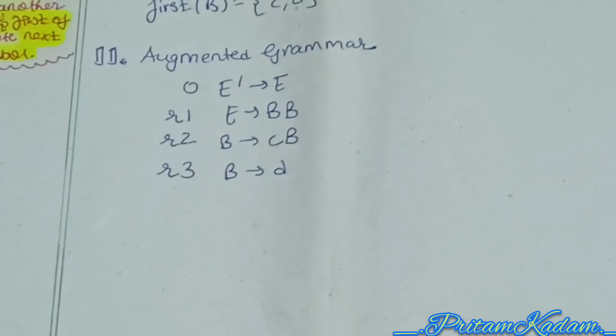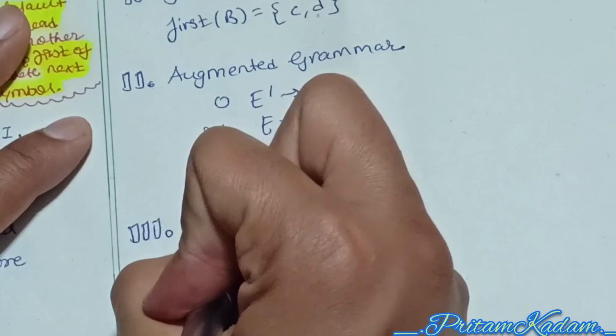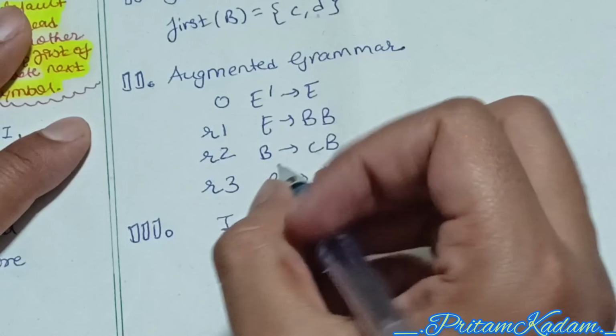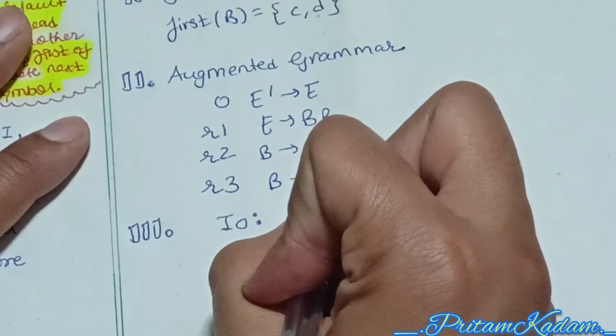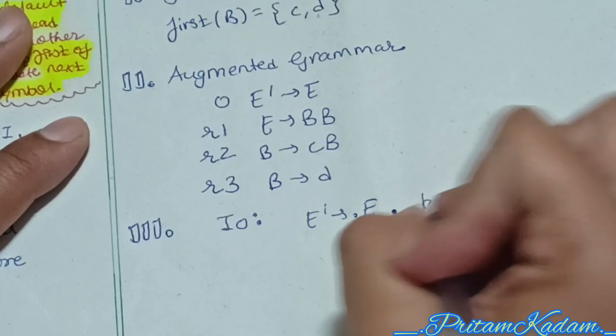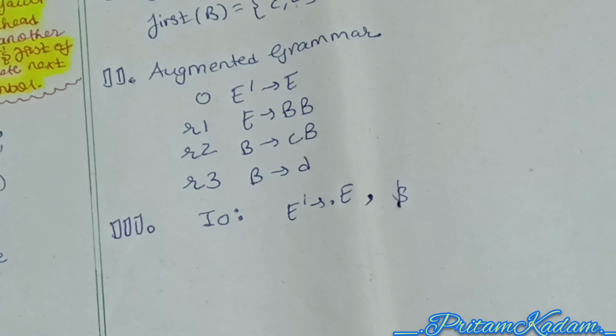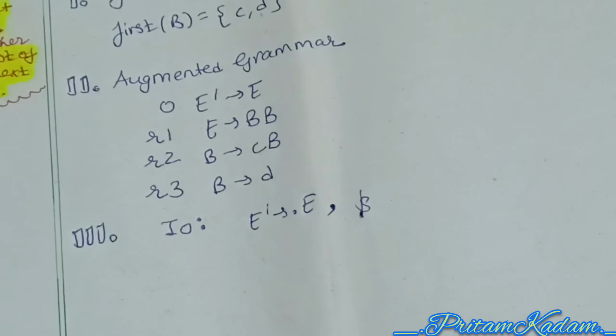For the closure, let us go ahead and write the states now. The first state I0 is E dash gives dot E. We have to write the lookahead, and by default the dollar symbol is the lookahead of the new starting symbol, which in this case is E dash.